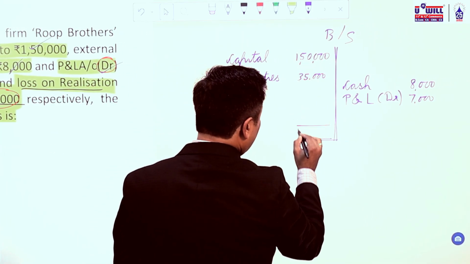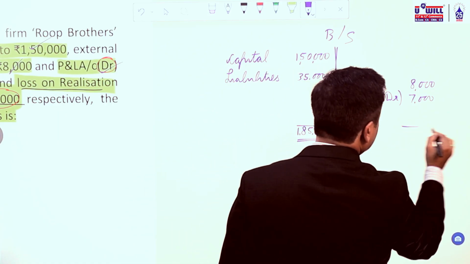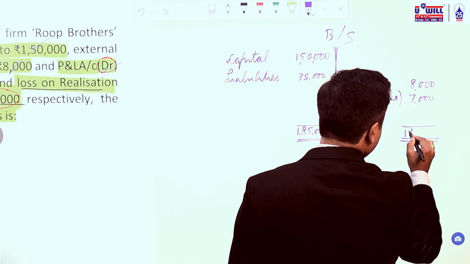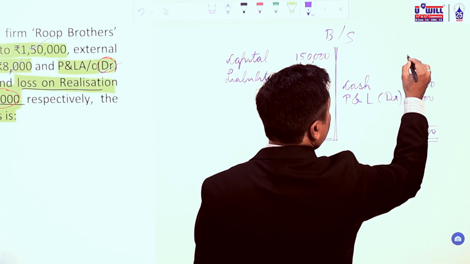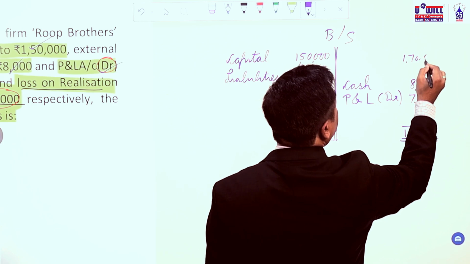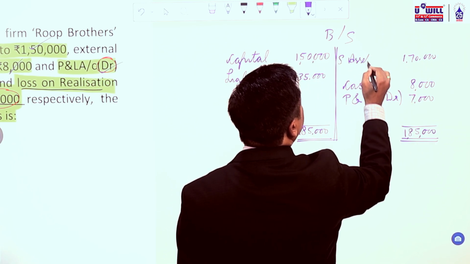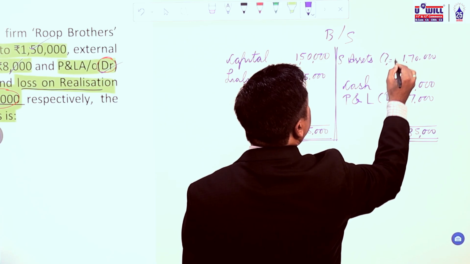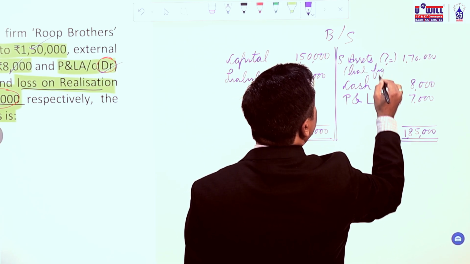So 1,50,000 plus 35, 1,85,000. Now 1,85,000 minus 15,000 would be 1,70,000. This would be sundry assets. Missing figure, balancing figure. 1,70,000.